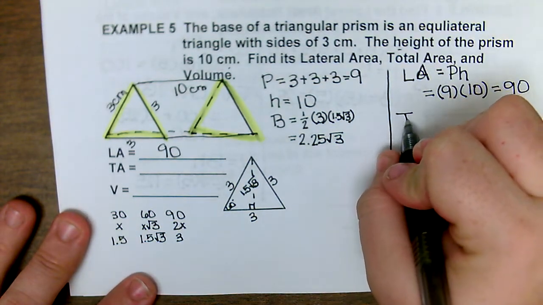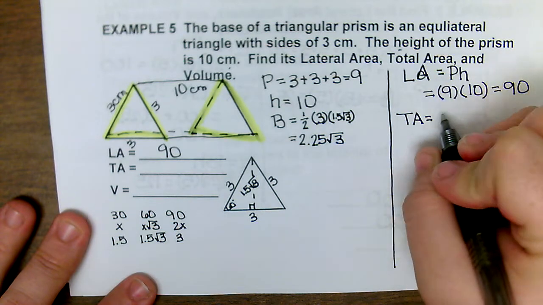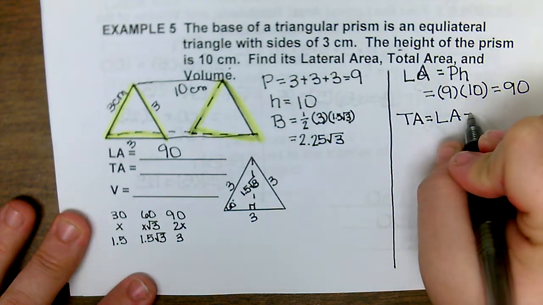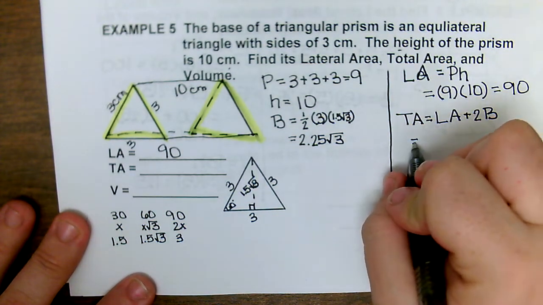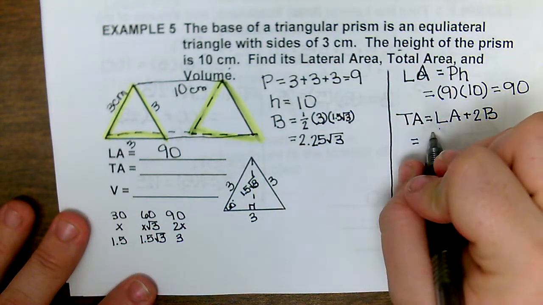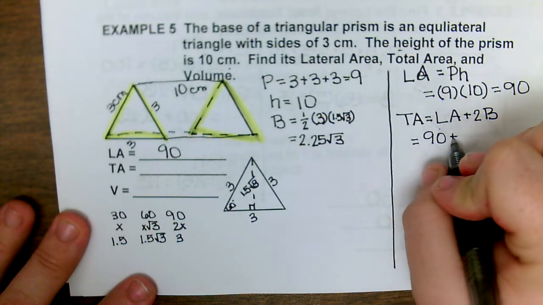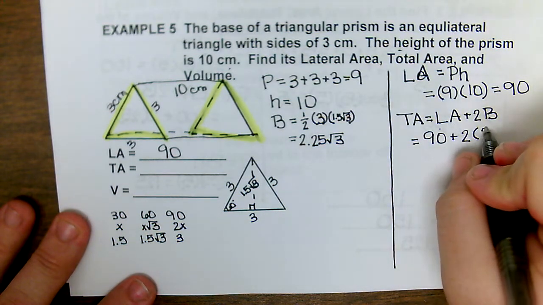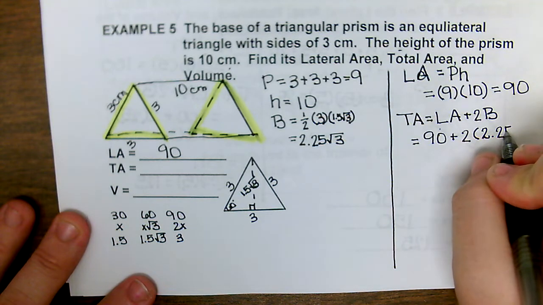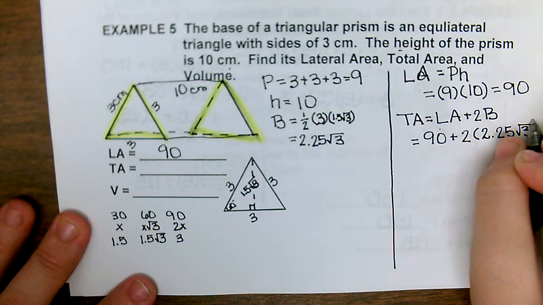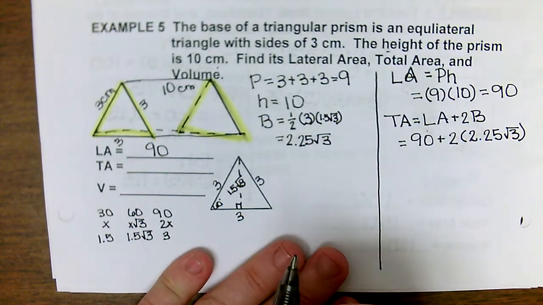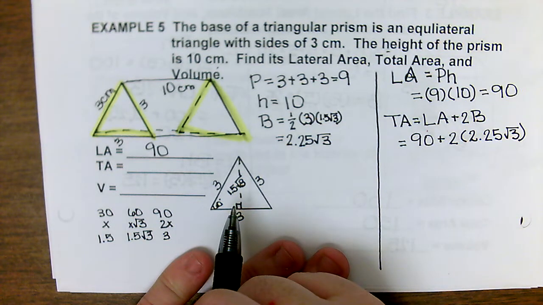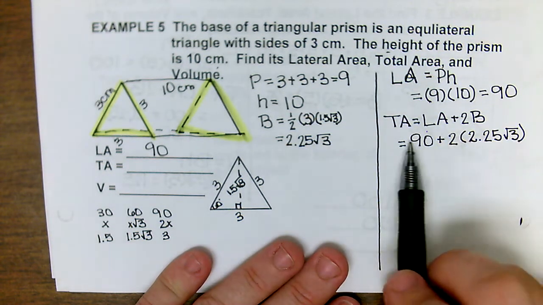So for total area, we have lateral area plus 2 big B. So instead of LA, we have 90 plus 2 times 2.25 square root of 3. Okay. We know that we are not allowed to add things that don't have square roots to things that do.